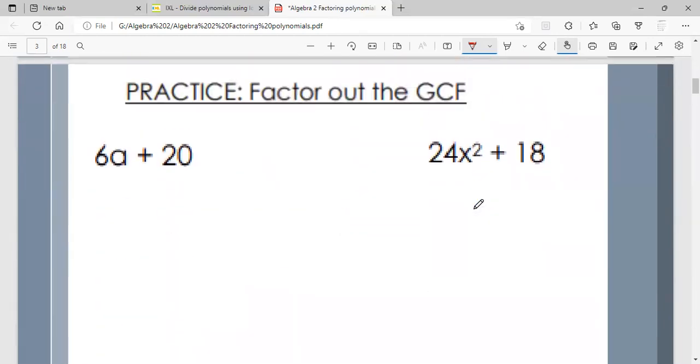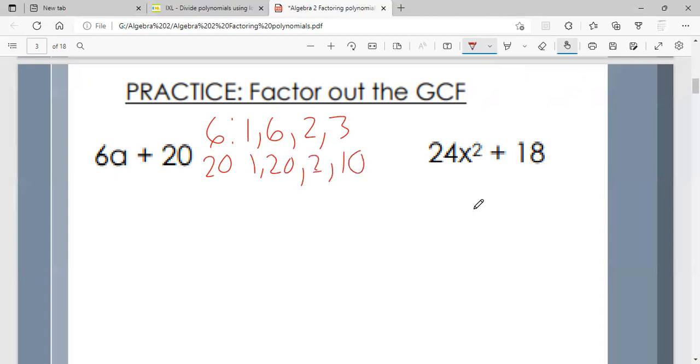All right, so greatest common factor. You use that same knowledge that we just did and apply it here. 6a plus 20, the greatest common factor of those two numbers. You could go ahead and look at it, 6 and 20. Well, 1 times 6 gives you that. 2 times 3 gives you 6. 1 times 20 gives you 20, but 2 times 10 gives you 20.